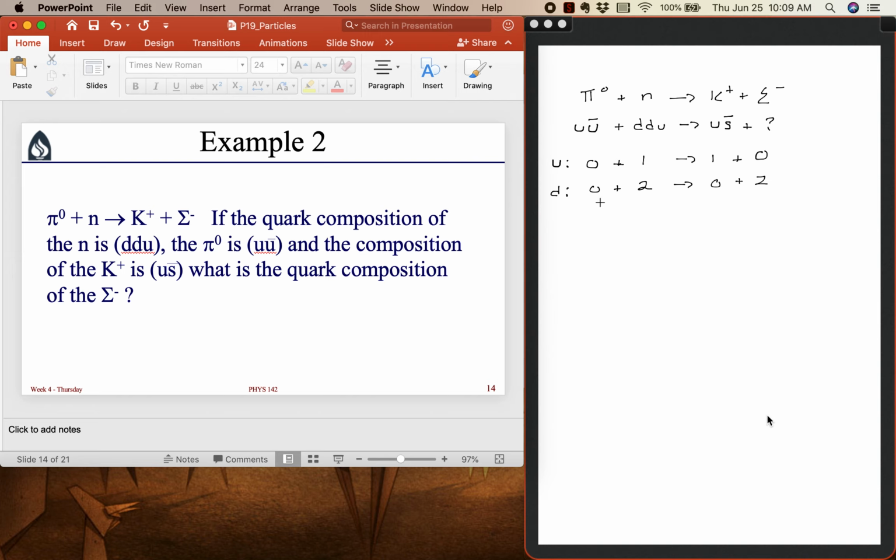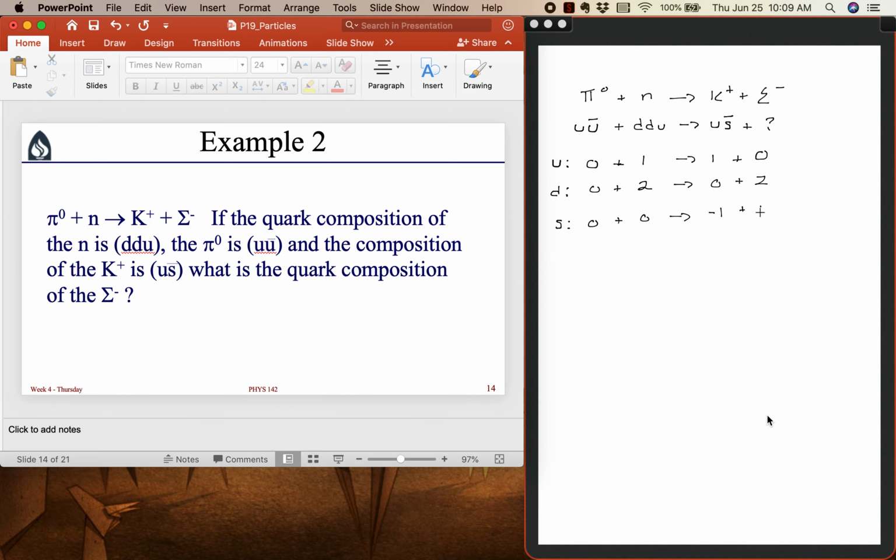So then the third type of quark we have here is a strange quark. And strange particles have strange quarks. We have no strange quarks in the pion. We have no strange quarks in the neutron. And we have a strange quark here, but this is an anti-strange quark, so we'll represent that as a -1. So we're going to need 1 strange quark here to balance the strange quarks in this equation.